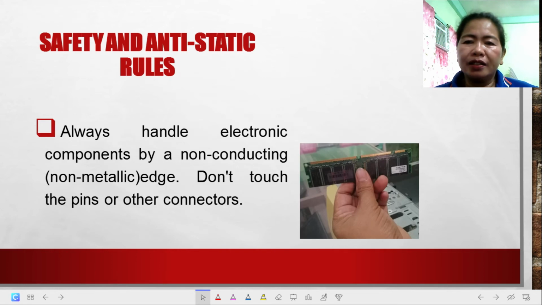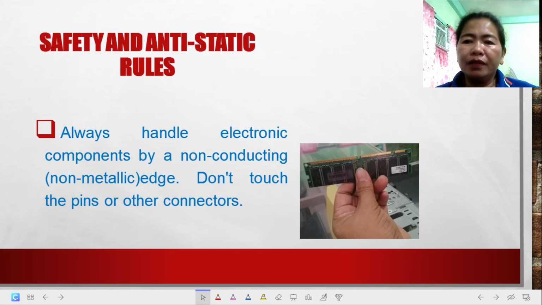Then next, always handle electronic components by a non-conducting or non-metallic part or edge of the device that you are holding. Don't touch the pins, especially when you are holding a processor or other connectors.